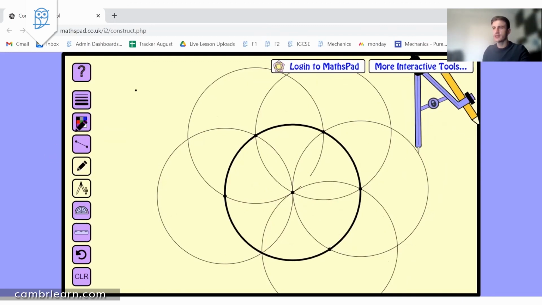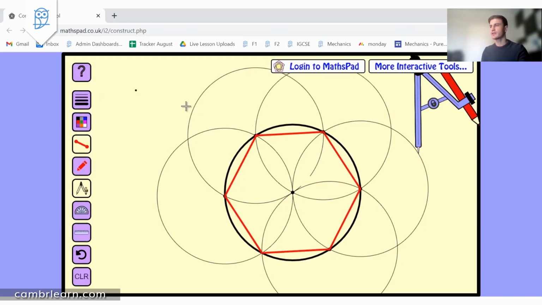All of these vertices represent the vertices of my hexagon. So all we do now is join these vertices, and this way you can construct a perfect regular hexagon.